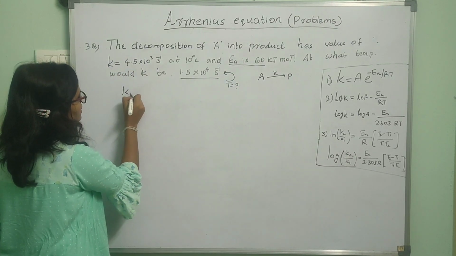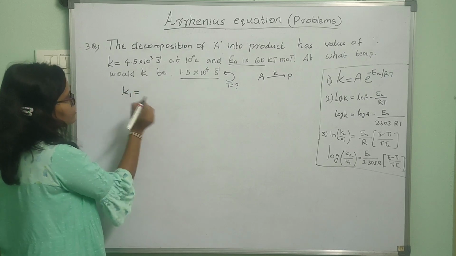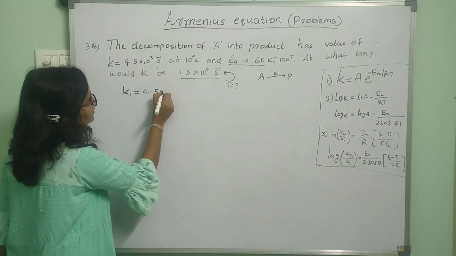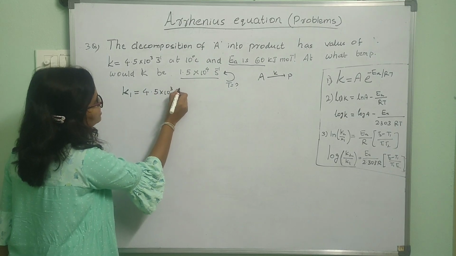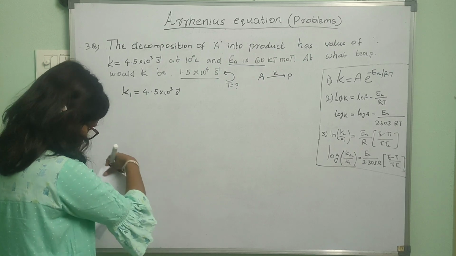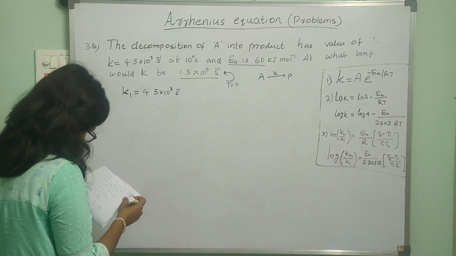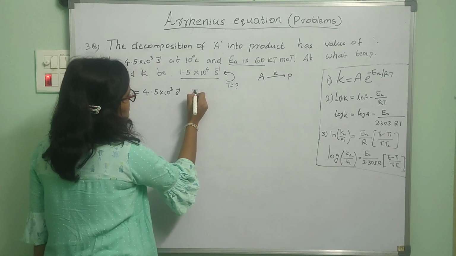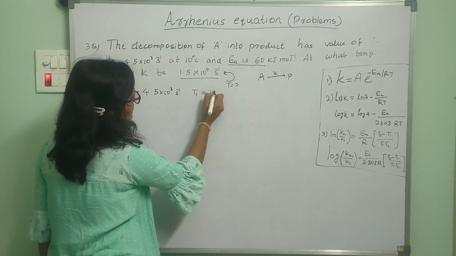So here you are given one rate constant, which I designate as K1. So K1 is 4.5 into 10 power 3 second inverse. Let me check if it is 3 or minus 3. Yeah, it's 3. This is at temperature 10 degrees centigrade.